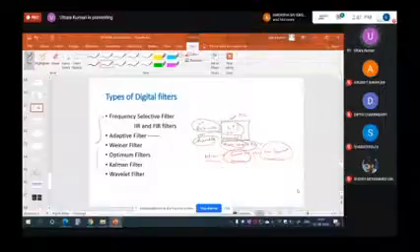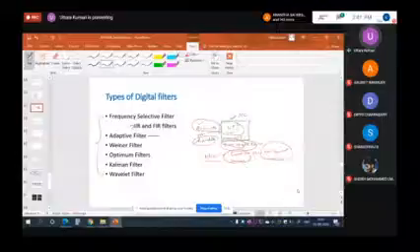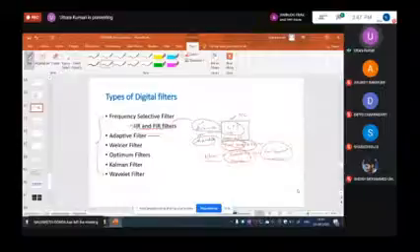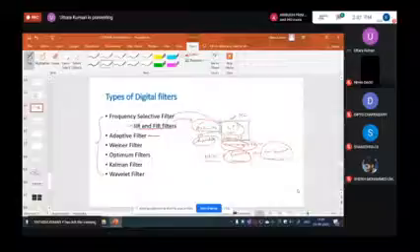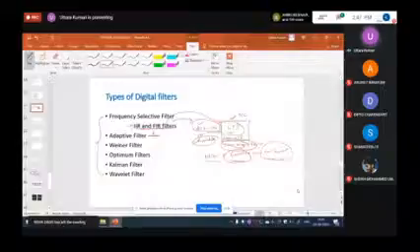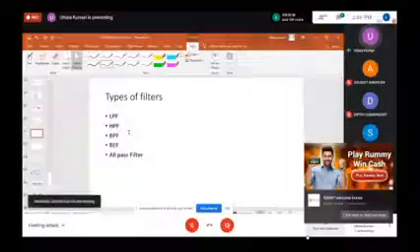So the IIR and FIR filters which you are going to study in this semester are for when the input is maybe a deterministic signal and the system is an LTI system. Whereas the adaptive filter is for when the input is a random signal and the system is a time varying system.